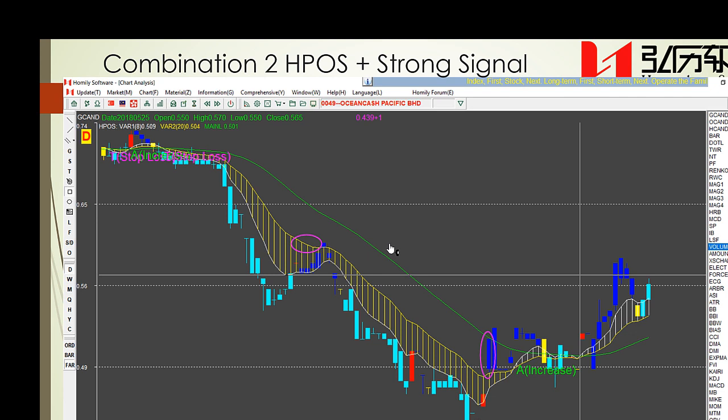And then if the price keeps going sideways here, we can draw a line from here. The first blue candle, because why not this one? Because we can see here we buy, right?